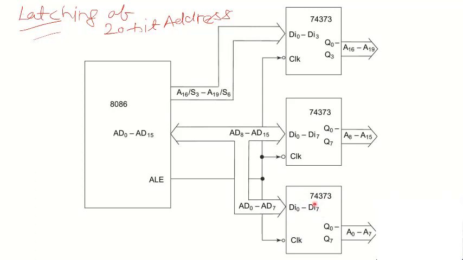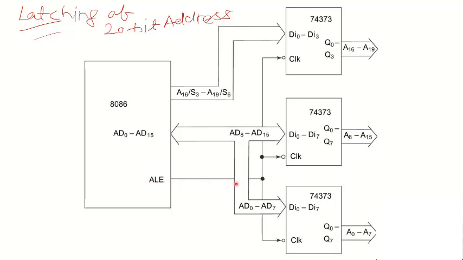Suppose I am showing only one block of 74373, containing 8 D flip flops. So inputs DI0 to DI7, clock is negative edge, and this is connected to what? ALE, address latch enable. Basically this ALE is used to demultiplex the address data bus and address status signal.